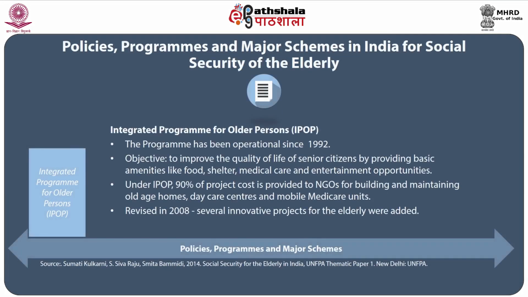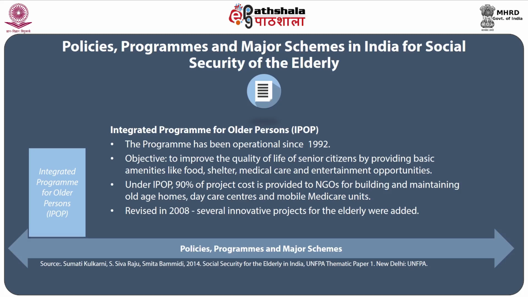Its objective is to improve the quality of life of senior citizens by providing basic amenities like food, shelter, medical care and entertainment opportunities. Under this program, 90% of the project cost is provided to NGOs for building and maintaining old age homes, daycare centers and mobile Medicare units.